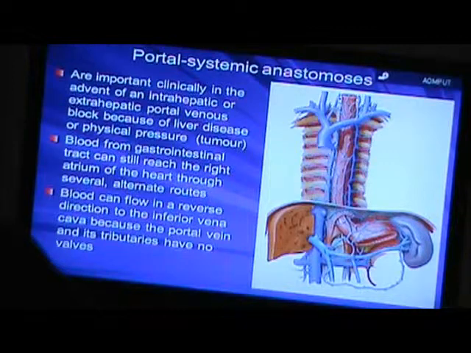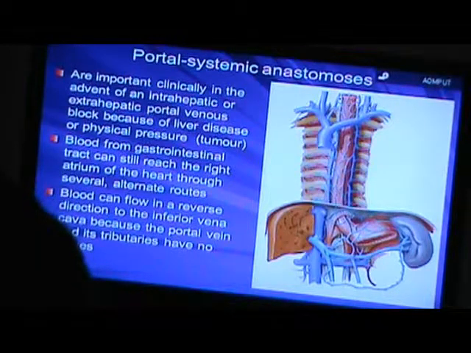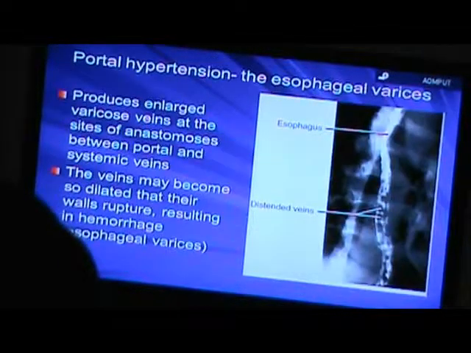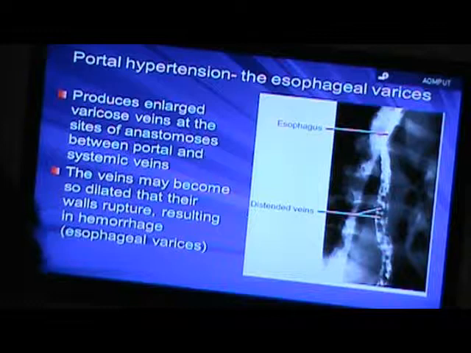So what does it mean? That the blood normally should go through the liver, but if a blockage is present, it can go to the alternate roads. You know this picture because I've shown it at the second lecture.